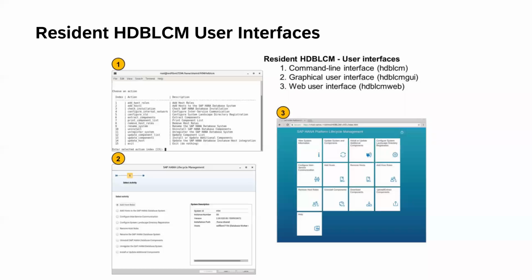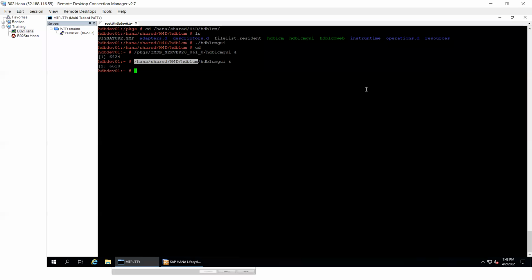So here you have three options. One is HDB LCM, the second is HDB LCM GUI, and the third is the HDB LCM web. I think last time I showed you the HDB LCM web option. Let me show you again. From here, you can use the HDB LCM web option.